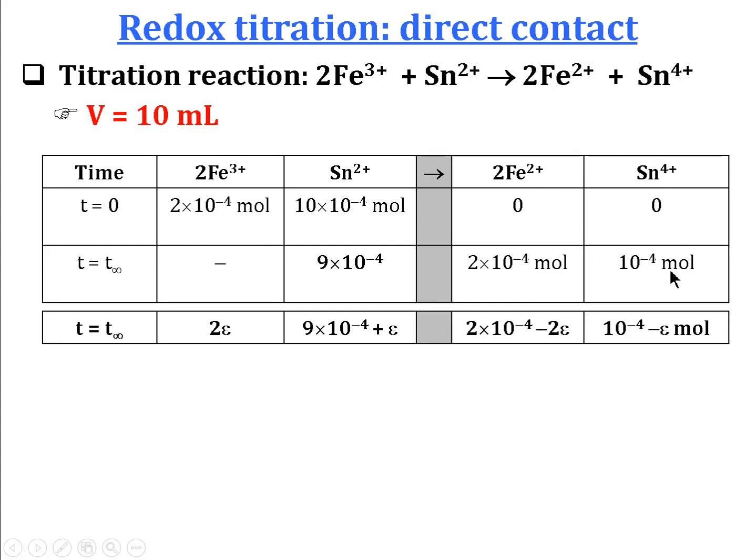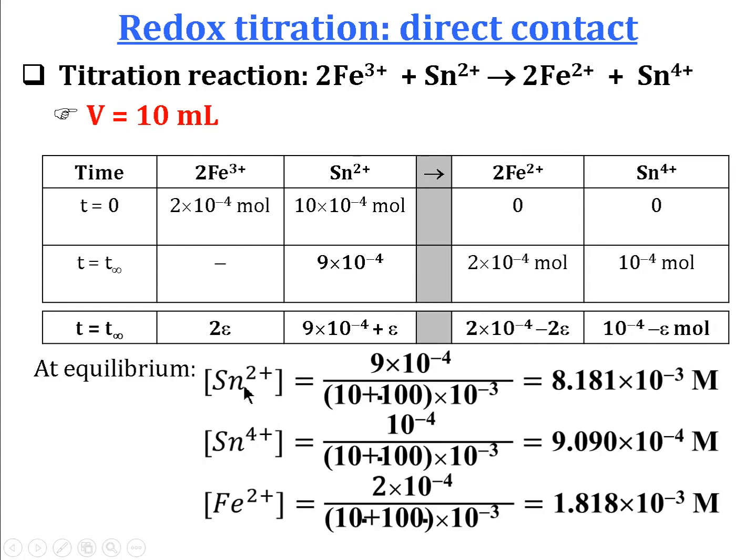Then the reaction proceeds a little bit in direction 2. So we have 10^-4 minus 1 epsilon, 2 times 10^-4 minus 2 epsilon, 10 times 10^-4 plus epsilon, and we have 2 epsilon of Fe3+ formed. Since epsilon is negligible with respect to 2 times 10^-4 and to 9 times 10^-4, we can cancel epsilon.